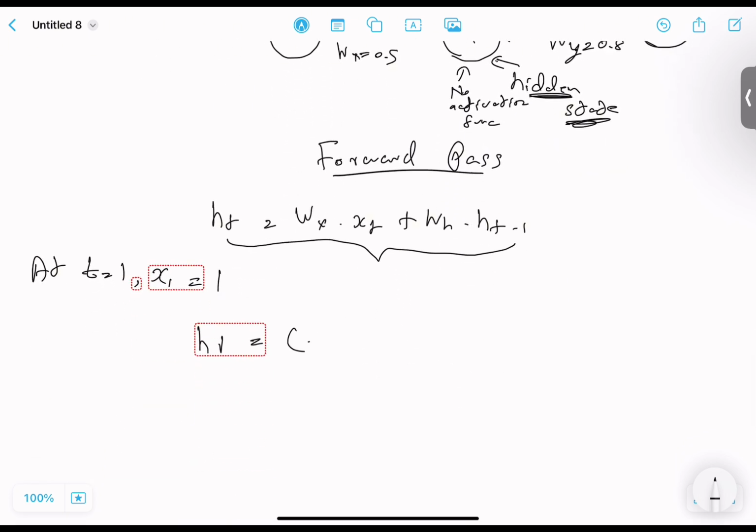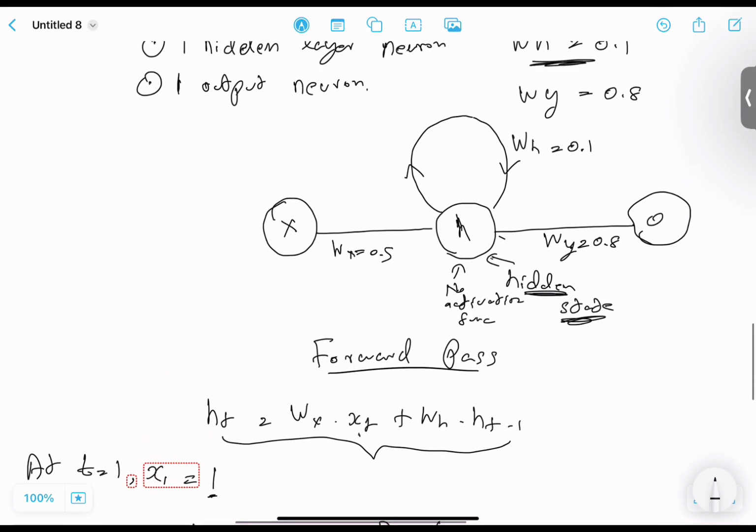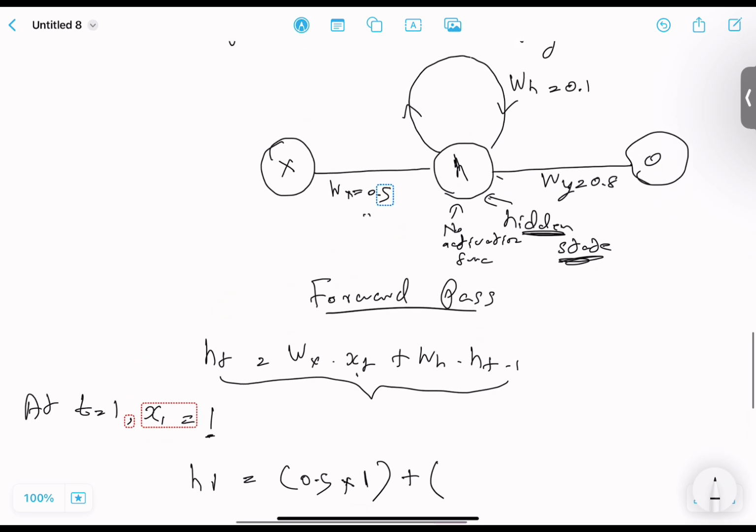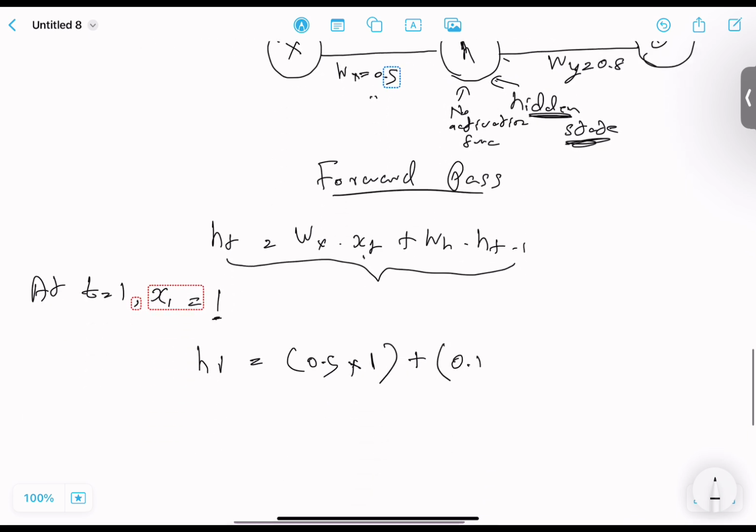So let's say 0.5 into the input, and our input is number 1. Then we need to add, and only after that it will go through this route, through this weight. That weight is 0.1.